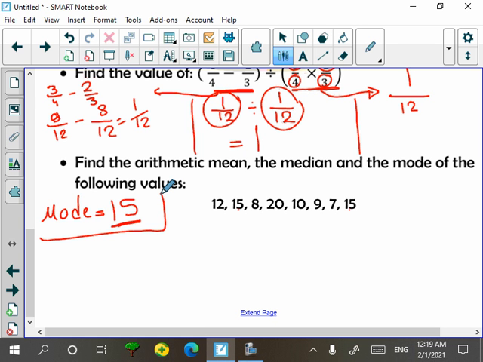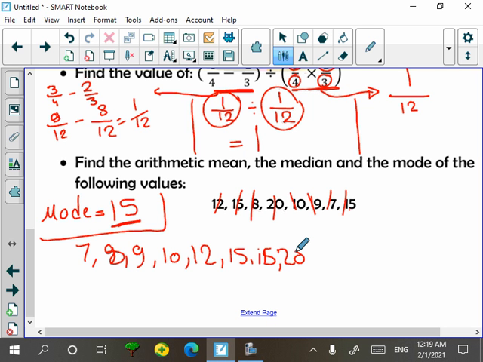Okay, in order, the first one will be 7, 8, then 9, then 10, then 12, then 15, and 15 again, and 20.